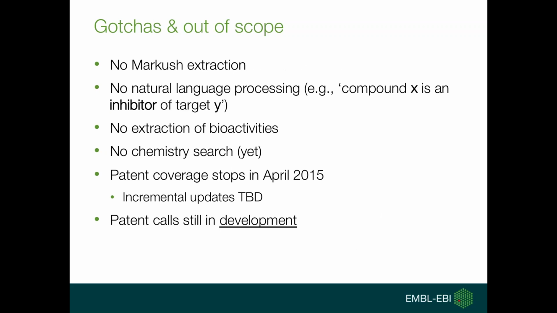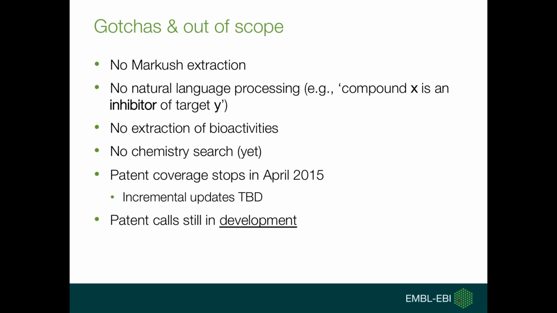So this is what we did for Open PHACTS, but also there are some things that are out of scope for this work. For example, there is no Markush extraction. This is something that people ask us frequently. So SureChEMBL will only identify and extract exact compounds and not generic or families of compounds.